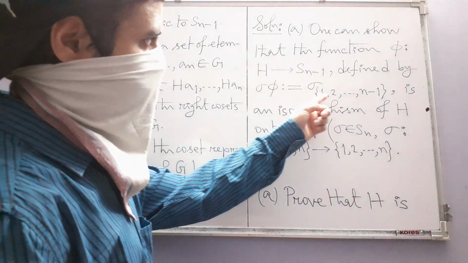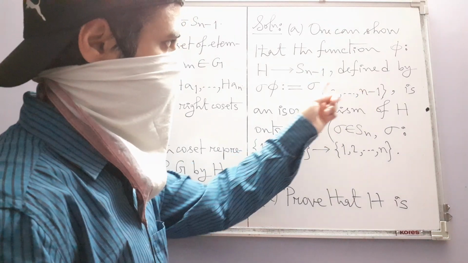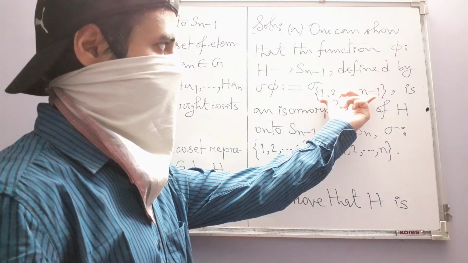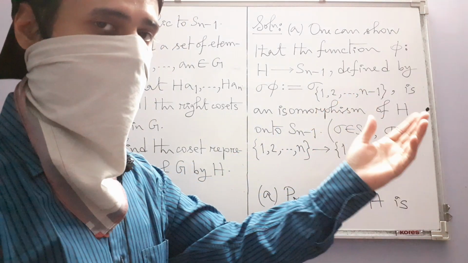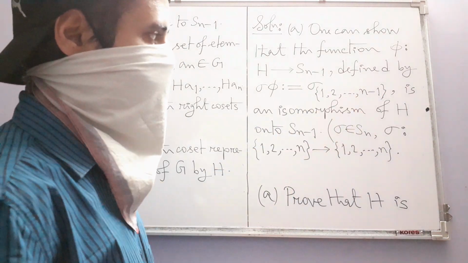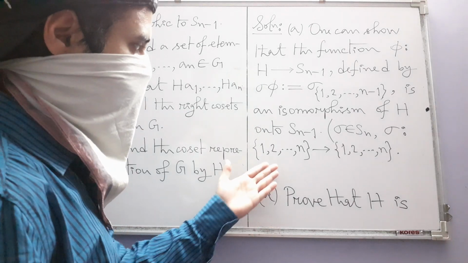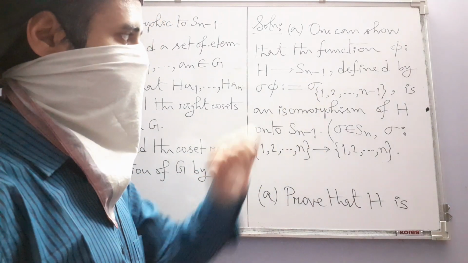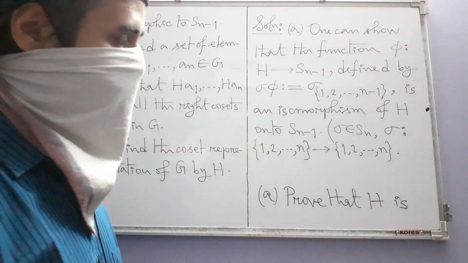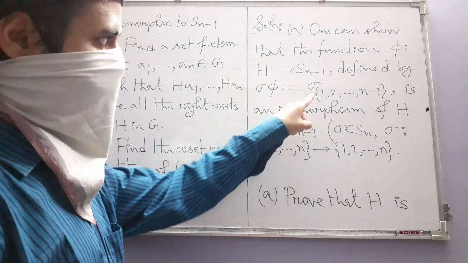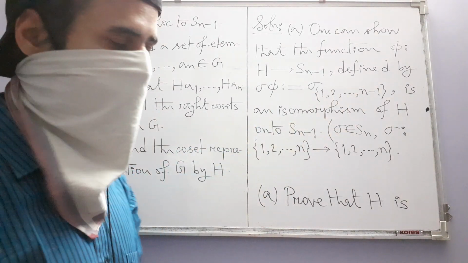Do you remember this notation? Sigma, and below it you have a set which comes as a subscript. It represents the restriction of the function sigma to a subset of the domain, and that subset here is this subset.